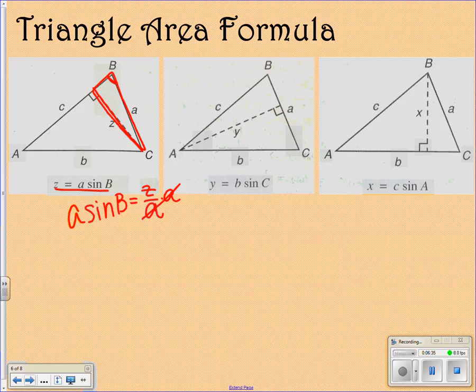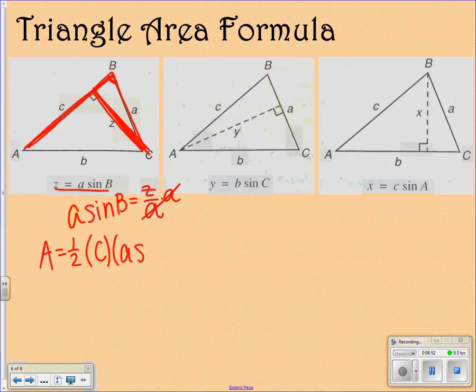Z equals A times the sine of B. Okay? And so if we use Z as our height here, and we let C be our base, 1/2 the base C times the height A sine of B, which I can write as 1/2 AC and the sine of B.